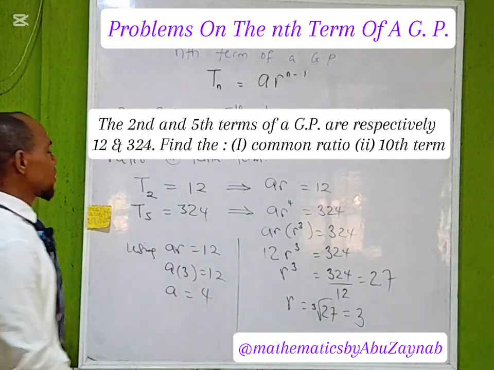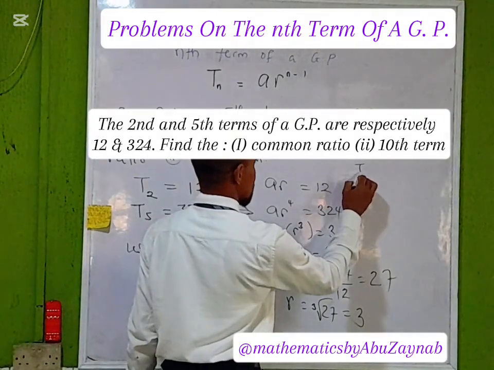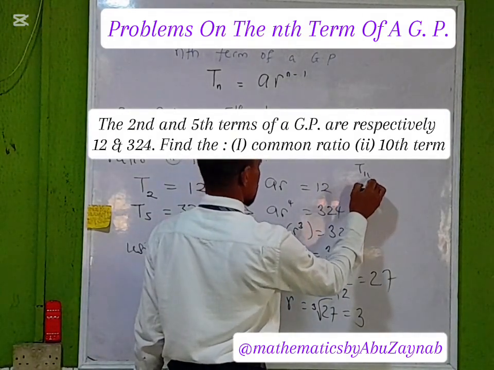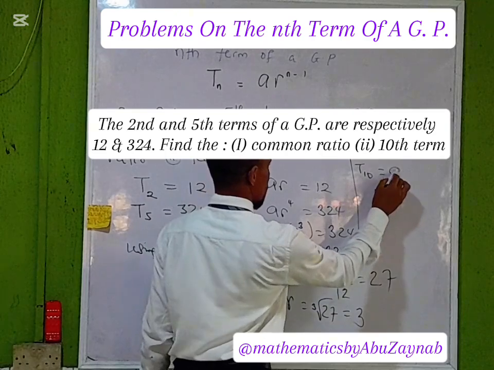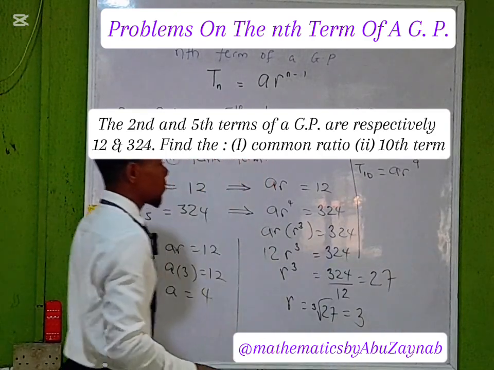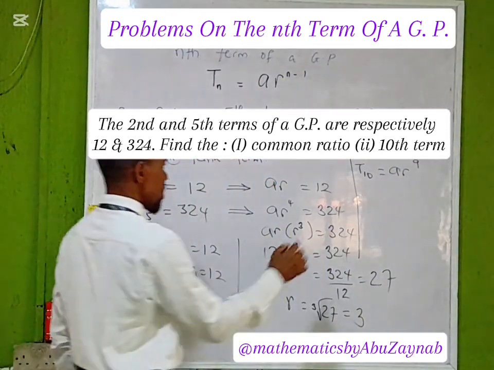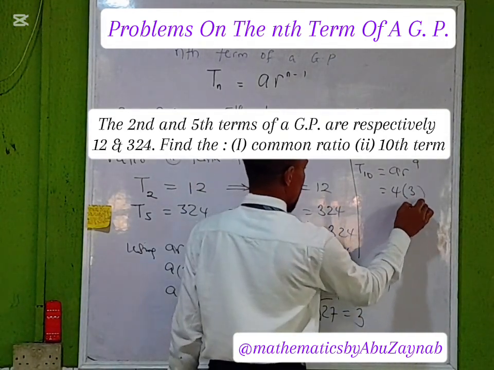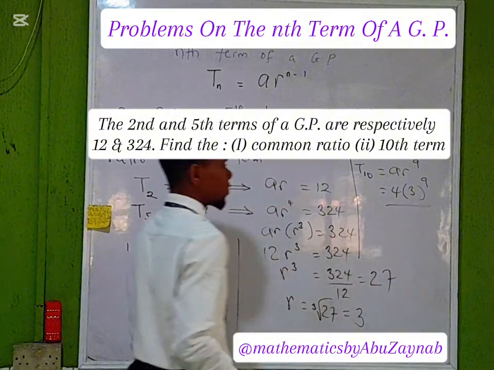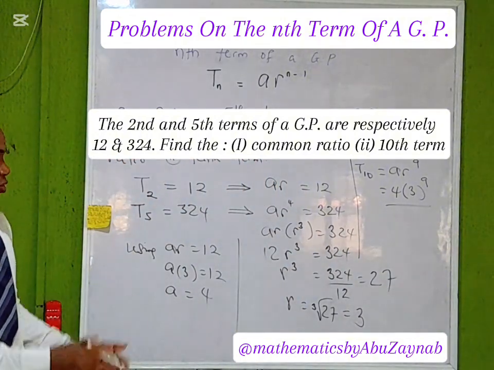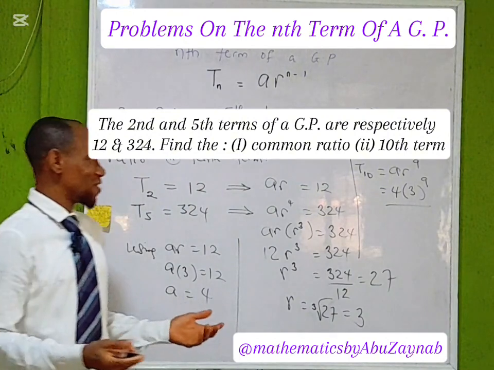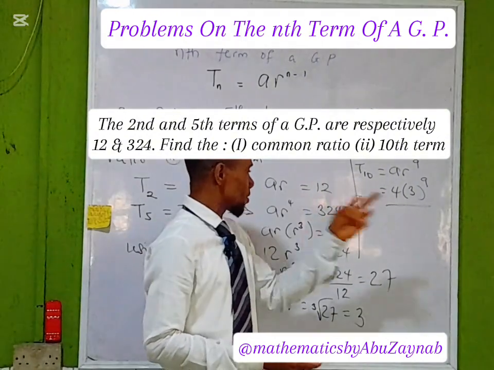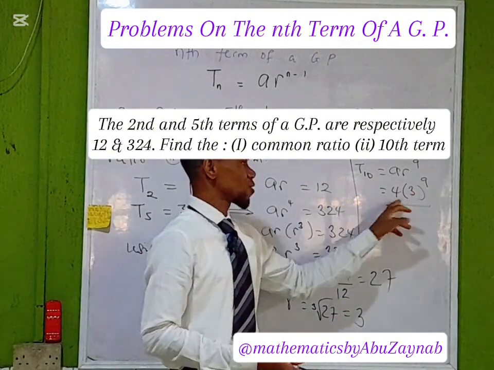So now get the 10th term, which is what we are required to get in part 2. T10 equals ar^9. And a is 4, and r is 3 to the power 9. And that's the solution. You can go ahead with your device, your calculator, in an exam, to have 3 to the power 9, then multiply by 4.